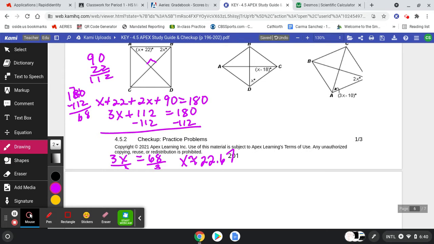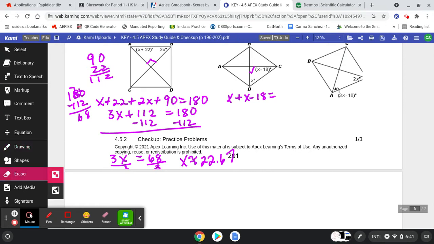Okay, how'd you do? All right, next we've got these two angles here, and notice that this is the right angle. So we're going to say x plus x minus 18, plus 90 equals 180. So that's 2x.